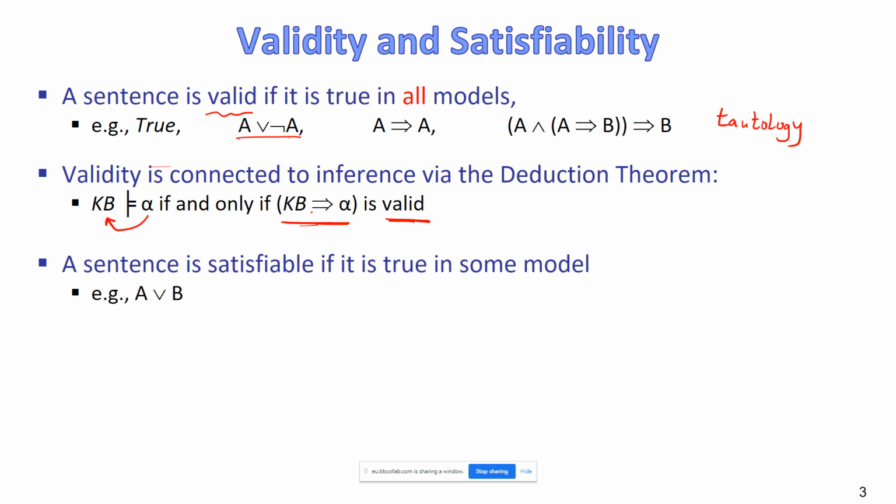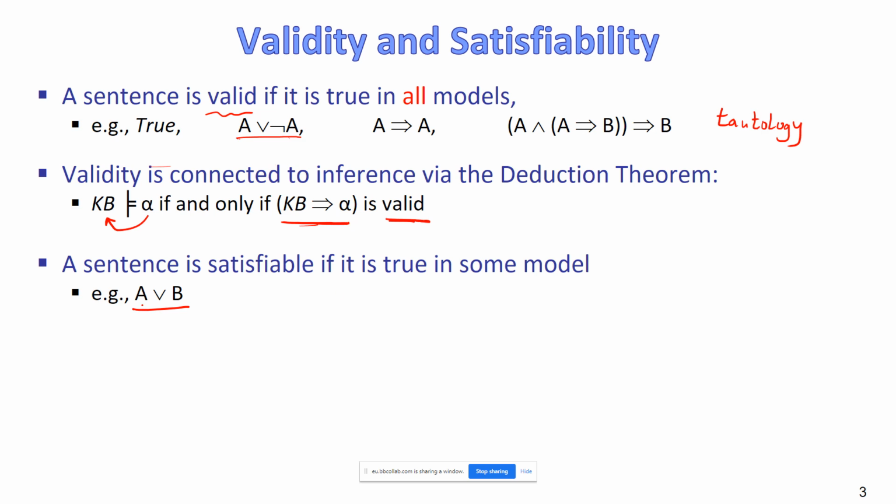Another definition: a sentence is satisfiable, and I think you are familiar with that already. A sentence is satisfiable if it's true in some model. What do we mean by true in some model? There is an assignment to it that will make it true. So for example, A or B. There are some assignments of A and B that will make this sentence true.